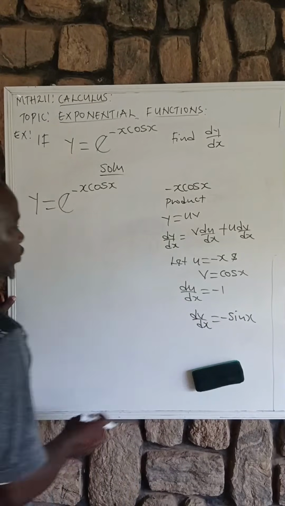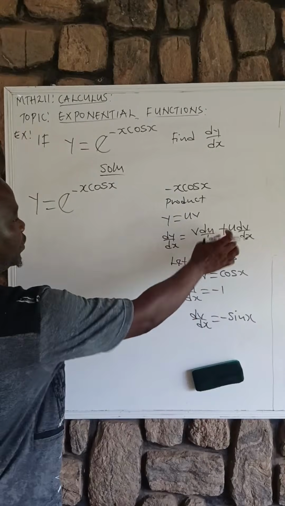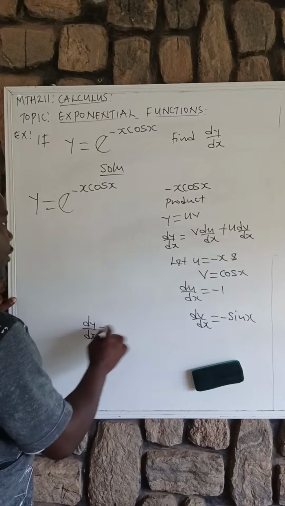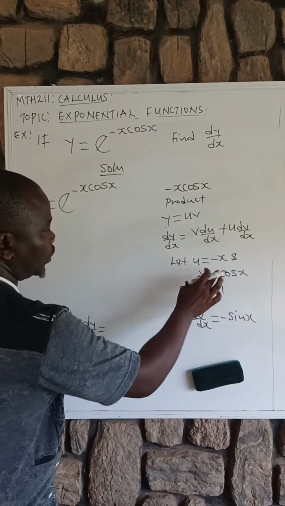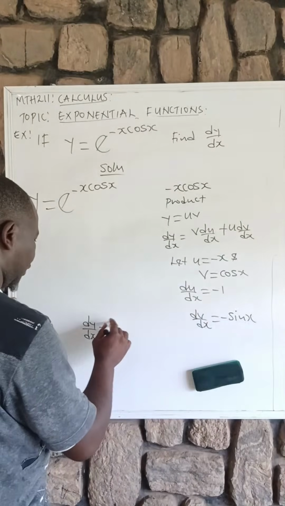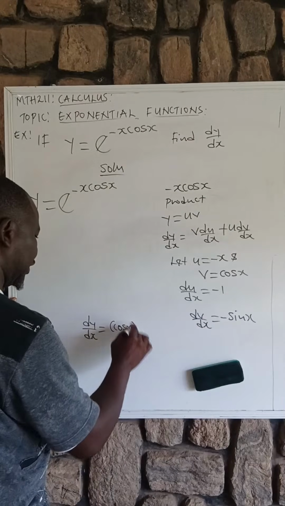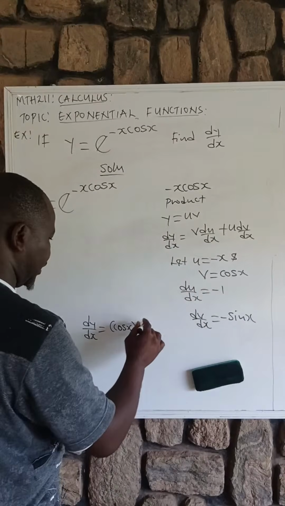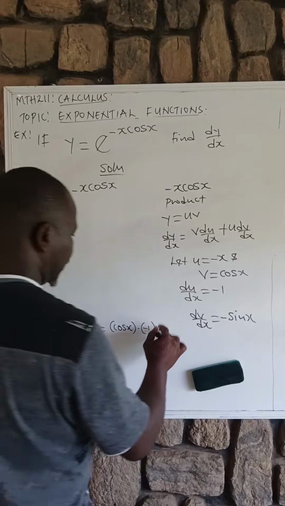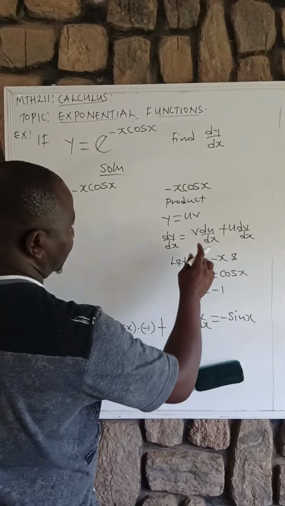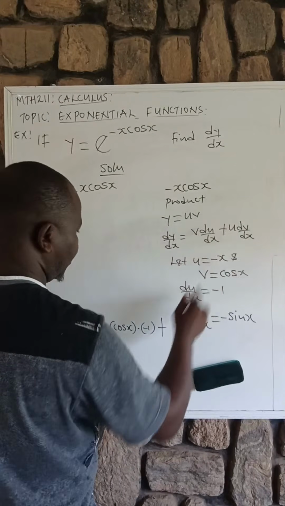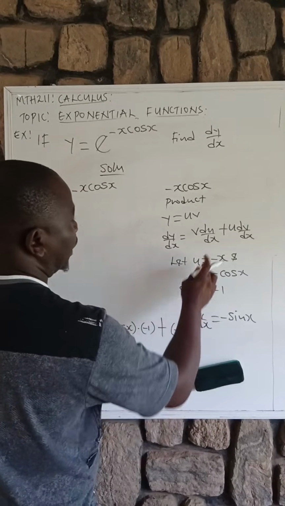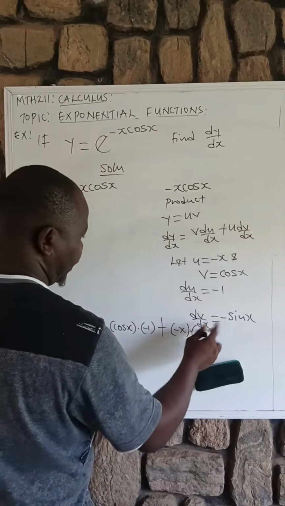So what we need to do is substitute this into this formula. Here, dy over dx is equal to our v, which is cos x, times du over dx, which is minus 1, then plus our u, which is minus x, times dv over dx, which is minus sine x.